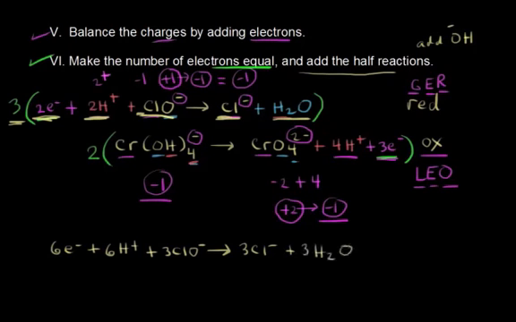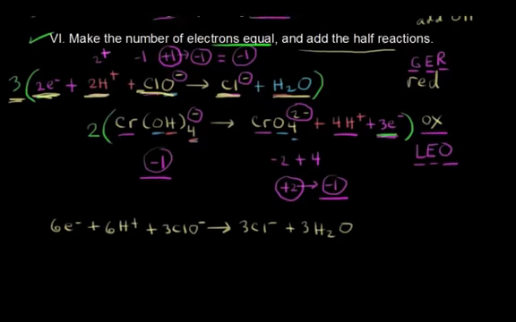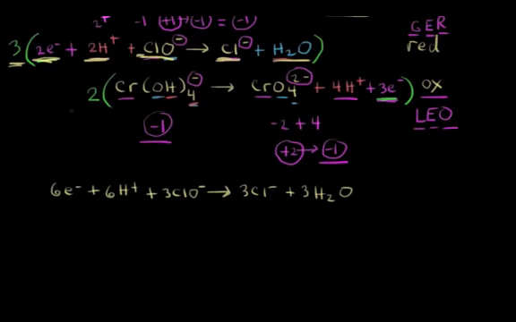So let's go ahead and do the oxidation half reaction now. Let's get some more room here. So I take the 2, I multiply it through, there's a coefficient of 1 in front of this ion. So now I would have 2Cr(OH)4 minus. The 2 applies to the 1 coefficient in front of the chromate as well, right?